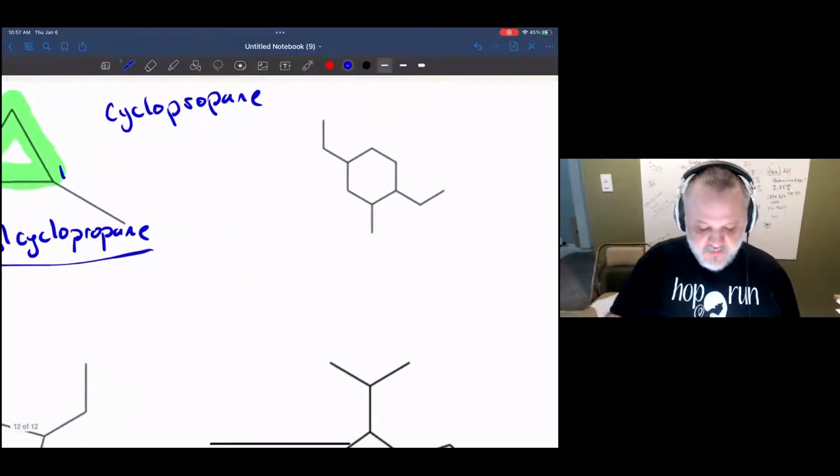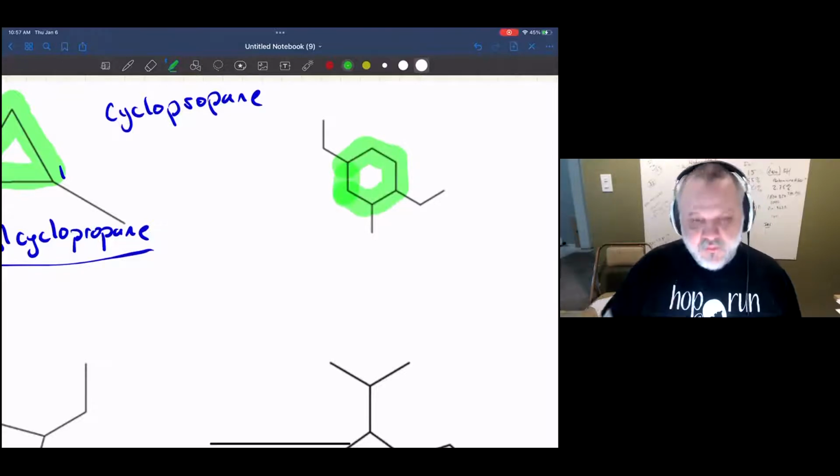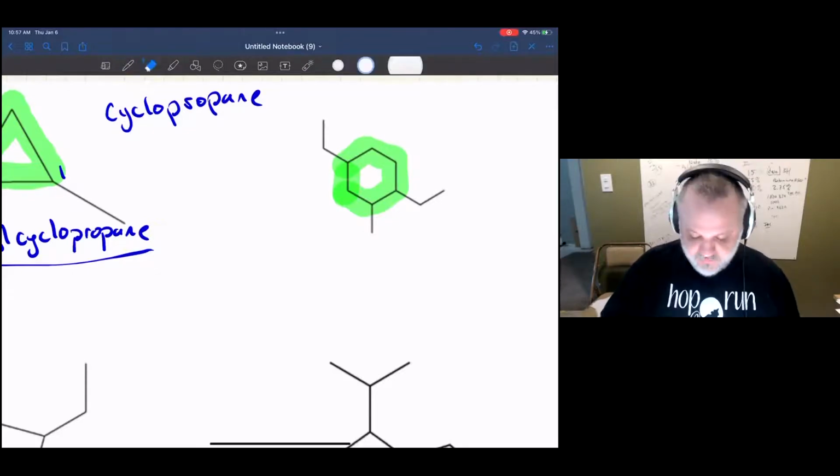What do we got here? We've got a 6-membered ring. 1, 2, 3, 4, 5, 6. So it's a 6-membered ring. That's a cyclohexane. And it looks like we've got three substituents. And so we want to number the molecule in the way that gets us the lowest set of substituents.